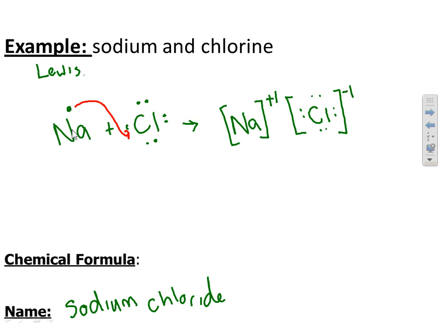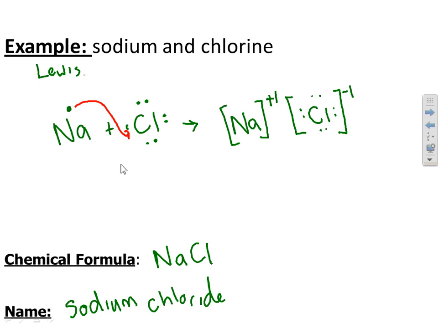Because it takes one sodium and one chlorine to react together, we give it the chemical formula NaCl. We don't write in the ones, but we can imagine that there are ones down here because it took one sodium to react with one chlorine to form one sodium chloride.